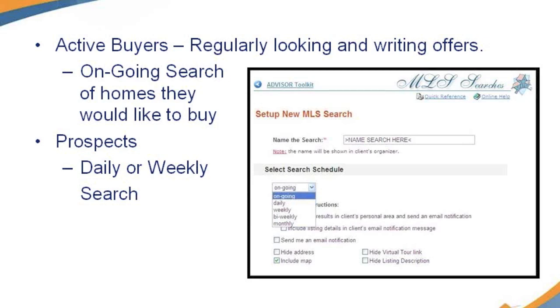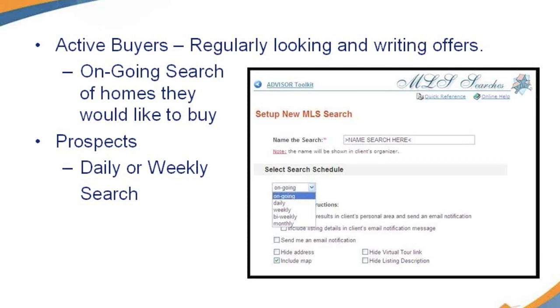Pretty obvious, right? I classify an active buyer as someone who is ready to write an offer today should the perfect opportunity arise. Those contacts should be on an ongoing search, and they're the only people that should be on ongoing searches.